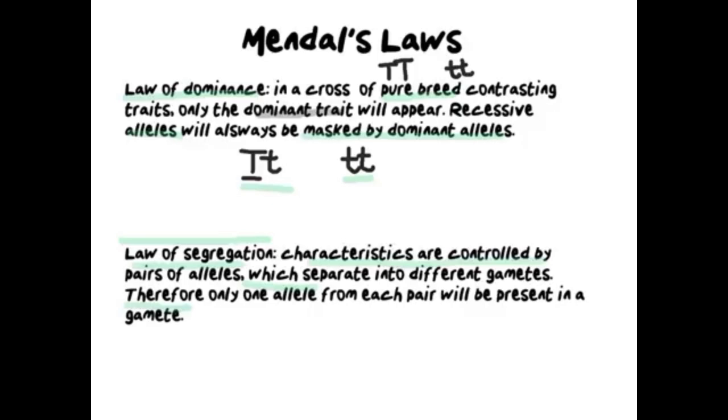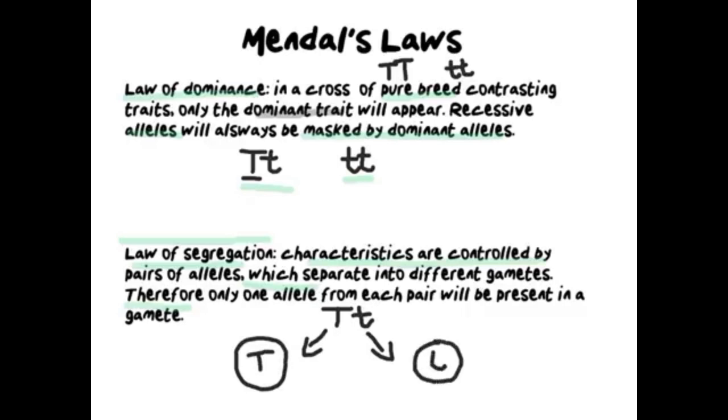In other words, if I was constructing a gamete from a capital T and a lowercase t, when they go into their respective gametes, they will go separately from one another. So one gamete will have a capital T, and the other gamete will end up with a lowercase t.